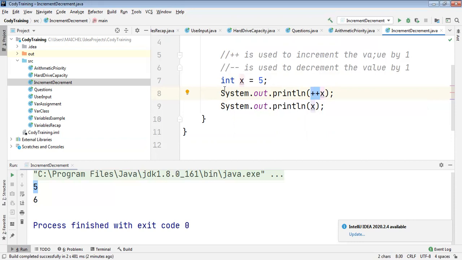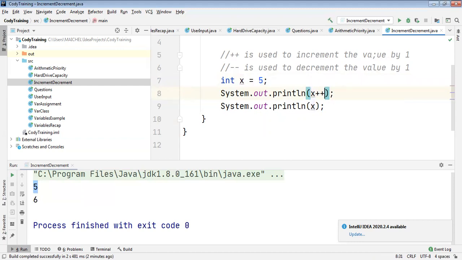So when I say plus plus x, first I increment the value of x in memory by 1, so it's now 6, and after that I print x. So when I print x here, I get the value of 6. I hope you understand.